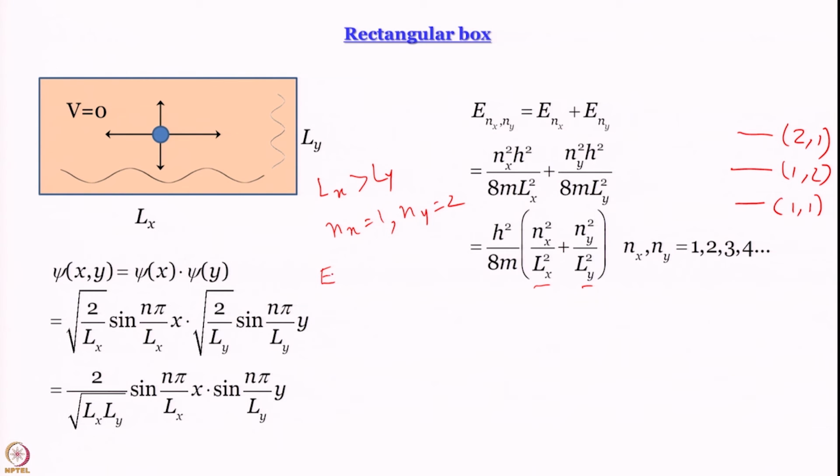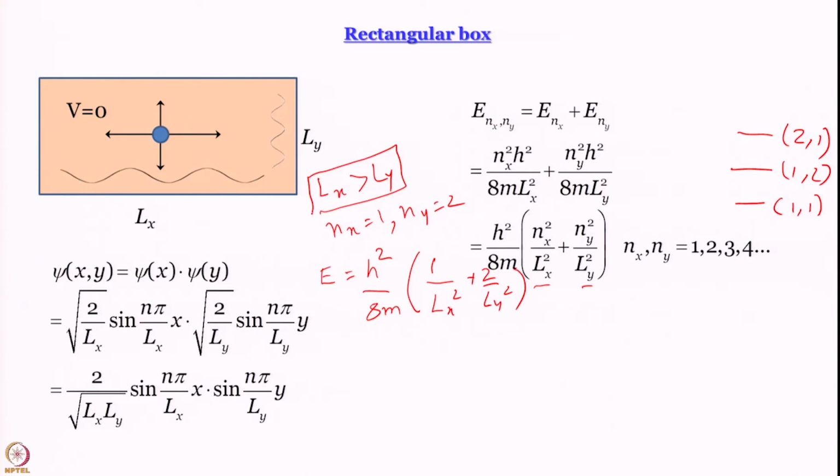Energy will be h square by 8m multiplied by 1 by Lx square plus 2 by Ly square. If you just interchange 1 and 2, you get 2 by Lx square plus 1 by Ly square. Which one will be larger? It depends on the relative magnitudes of Lx and Ly.